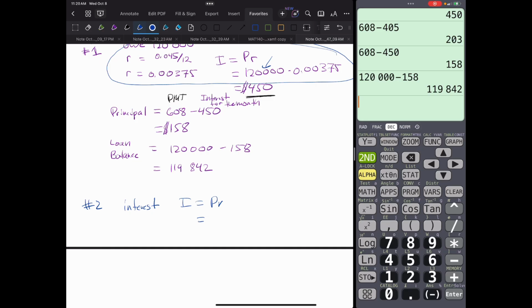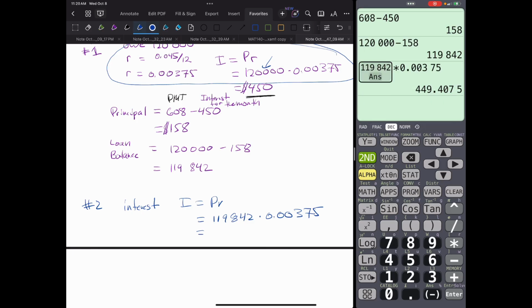Sadly, it was not for educational purposes. I'd love to claim that, but no, that was just me being absent-minded. That's going to be times my 0.00375. And that's going to tell me that I owe $449.41.